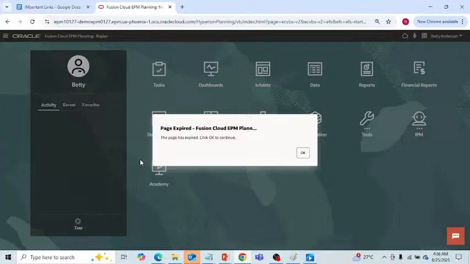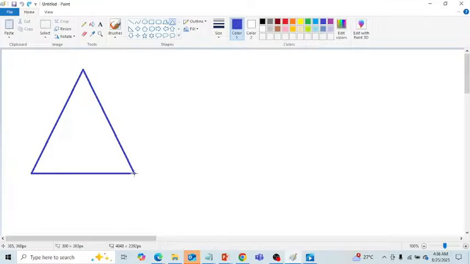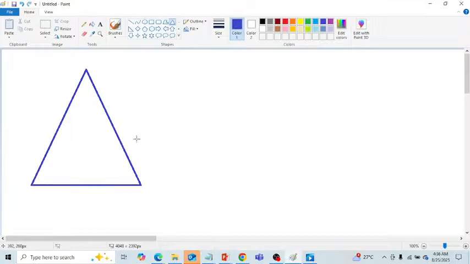So here we will use Paint to get the concepts and to perceive things in a better manner. First let me draw a hierarchical structure to understand the difference between EPM and ERP. So I'm drawing the hierarchical structure.